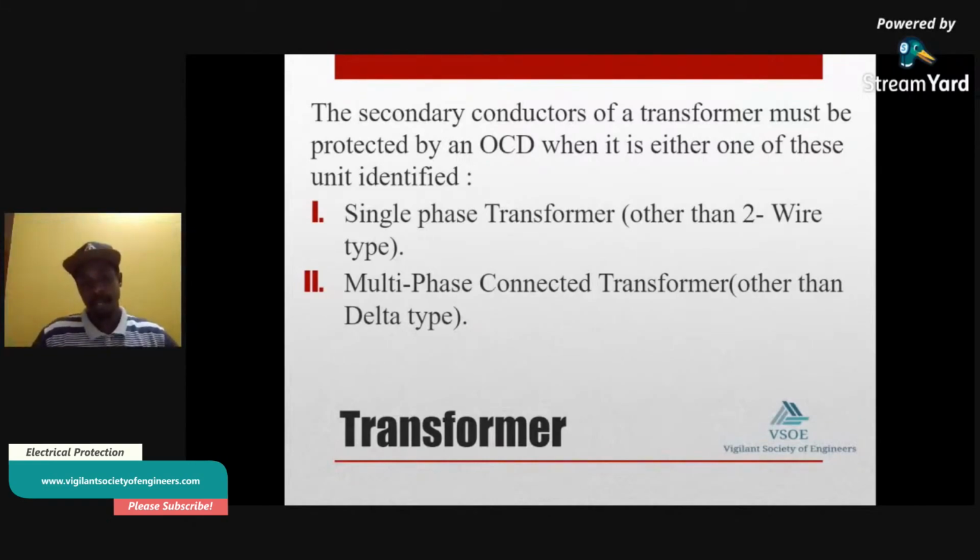So you have your incoming supply for your primary and the transformer, and on the secondary, you should have your protection, all right? And this goes for single-phase transformer or multi-phase connected transformer.